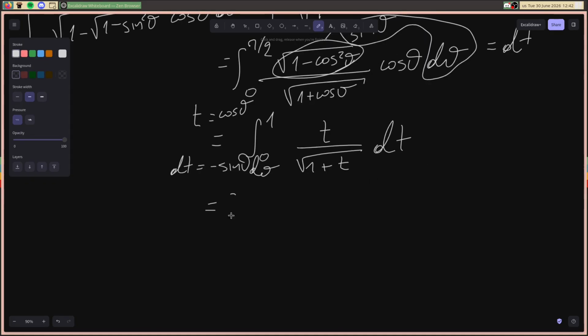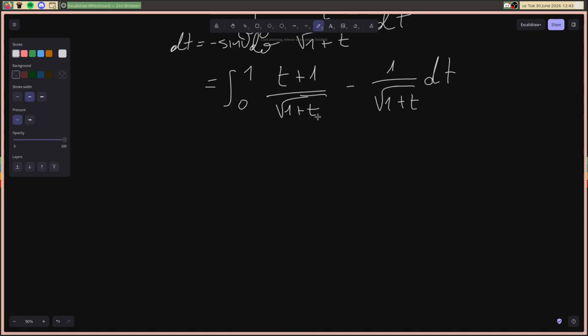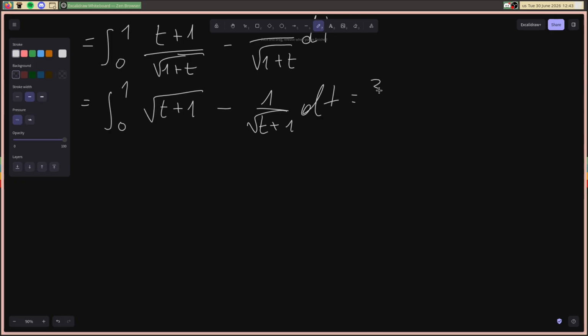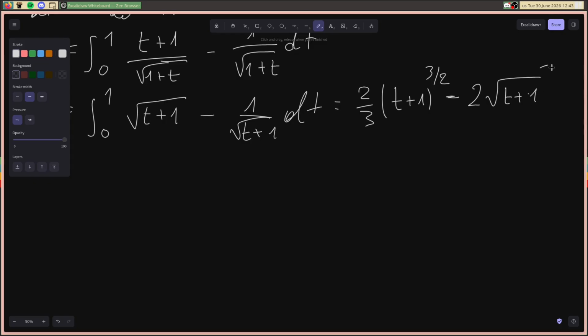which if we add and subtract 1 to the numerator, we get this, which we can easily see is just square root of t plus 1 minus 1 over square root of t plus 1, which evaluates to, again, 2 over 3 times t plus 1 to the 3 over 2 minus 2 square root of t plus 1 evaluated at 0 and 1, which is 2 over 3 times 2 to the 3 over 2 minus 2 square root 2.